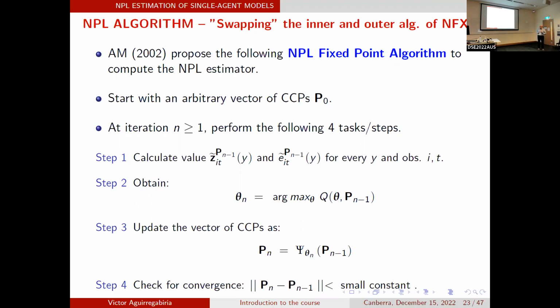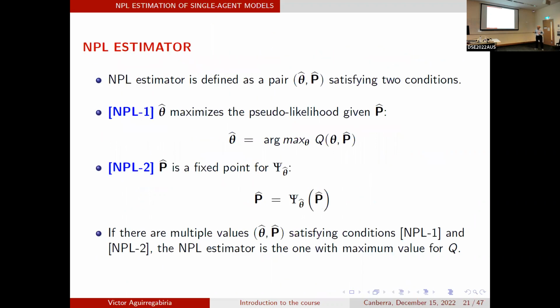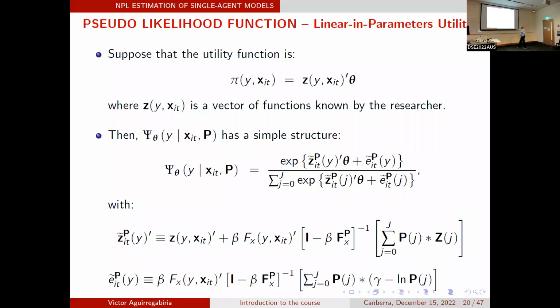First, given P, we calculate this matrix, we invert it, we calculate this product, and then we calculate Z tilde and E tilde at every observation in our sample for that vector of choice probabilities P. That's the first step in one NPL iteration.